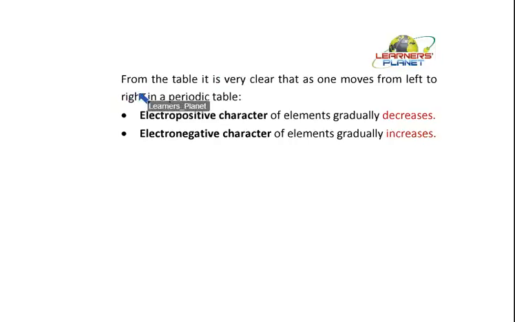Now from the table it is very clear that as one moves from left to right in the periodic table, the electropositive character of the elements gradually decreases. That is the tendency to lose electrons. Electropositive character means tendency to lose electrons and form positive ions. I'll write it again here because it is very, very important.